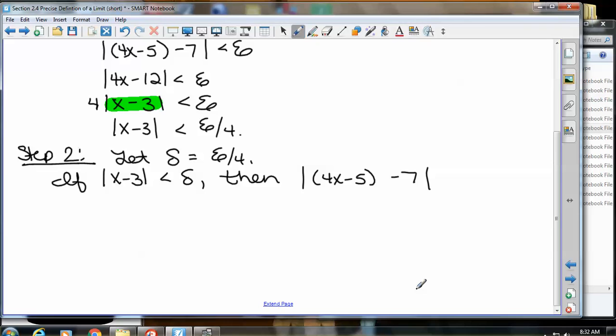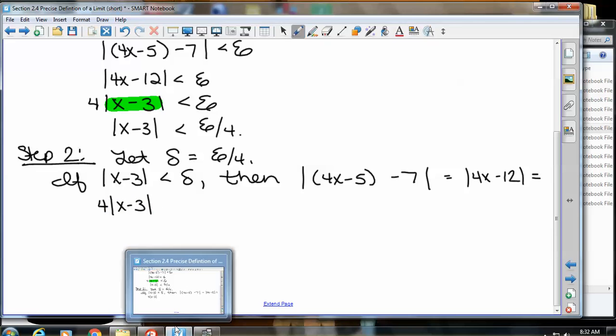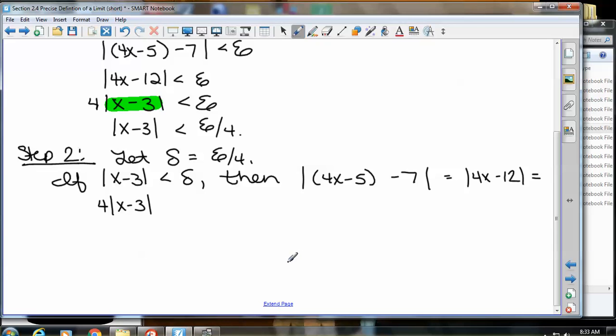Now, it seems kind of silly, but we're really just going to start out repeating the stuff that we just did. If you work through this, that's 4x minus 12. Pull out your 4. So that's 4 times the absolute value of x minus 3. But I know the absolute value of x minus 3 is less than delta, right? We've already assumed that.